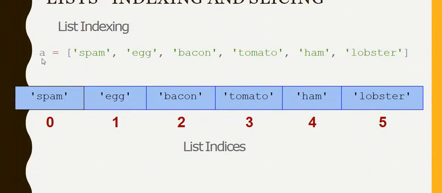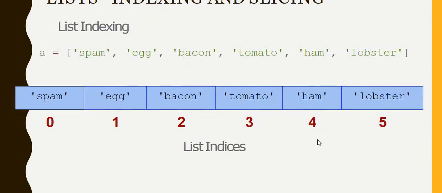This is a list A where we have these objects, all in the form of strings. The list index starts with 0, so 0, 1, 2, 3, 4, 5. If I have to access ham, this particular object, then I have to give the index 4. So A of 4 is ham.